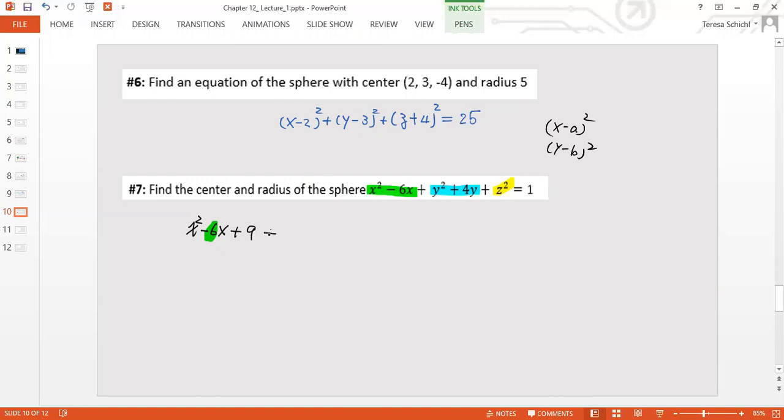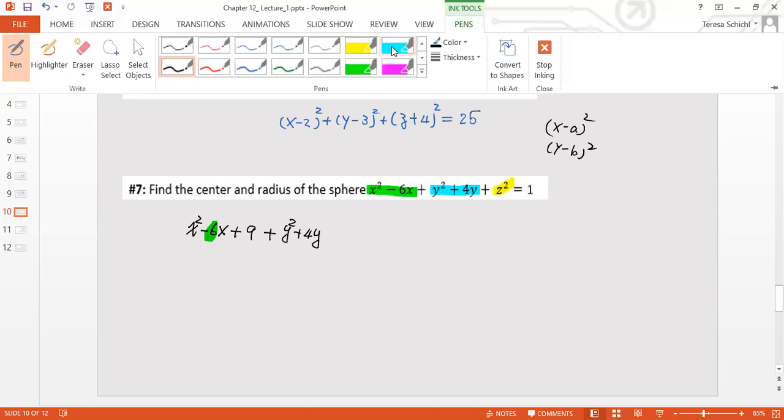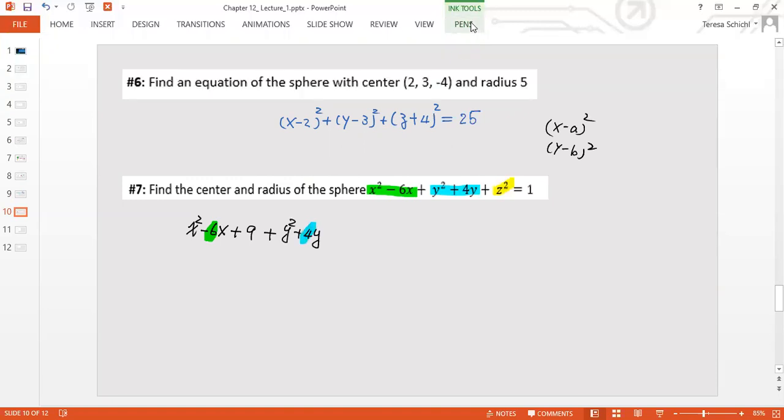Then for y, we have y squared plus 4y. You take half of this, which is 2, and 2 squared is 4. The z is already a perfect square, so it's z squared.